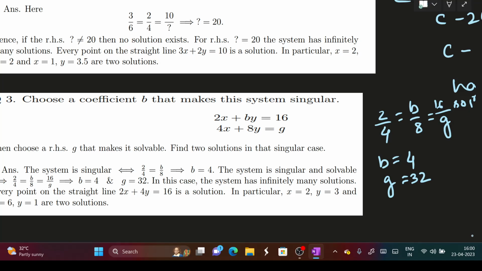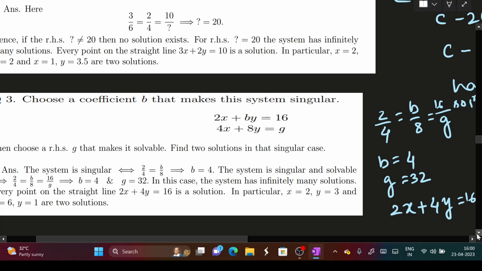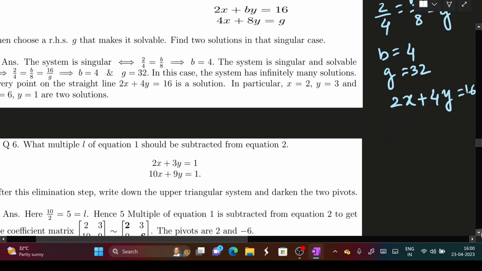In particular, 2x plus 4y is equal to 16. Every point on this straight line is a solution. In particular, x equal to 2, y is equal to 3, and x equal to 6, y is equal to 1 are two solutions of it. One can substitute and verify these are satisfied.